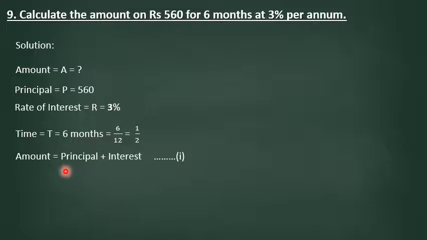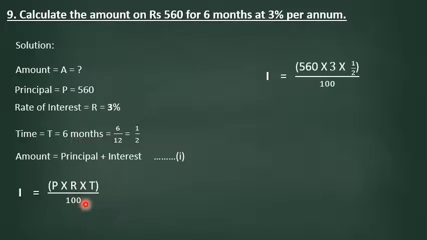Now students, we know that the amount will be equal to principal plus interest. Now students, we know that I is equal to P multiplied by R multiplied by T divided by 100. We are going to put the values of P, R and T. We get 560 multiplied by 3 multiplied by 1/2 divided by 100.